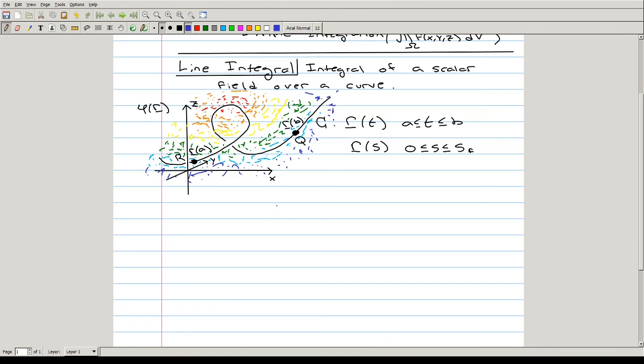So what we're going to consider is how to find the accumulation of this scalar field on this curve itself. And the idea here is that, on this region of the curve, the scalar field is whatever this light blue value is, and then it increases as the curve moves through space. It goes through the green region, where this corresponds to the value of the scalar field.